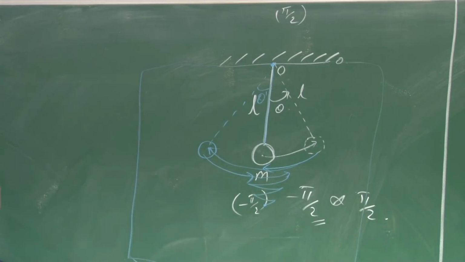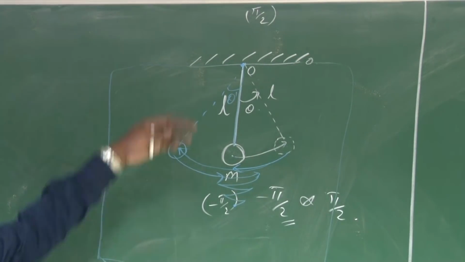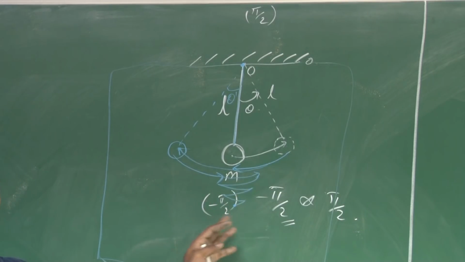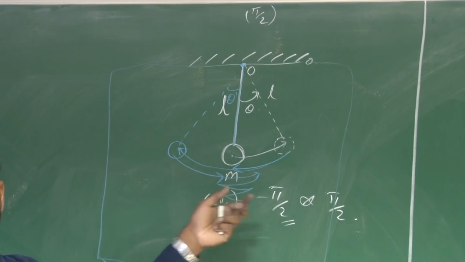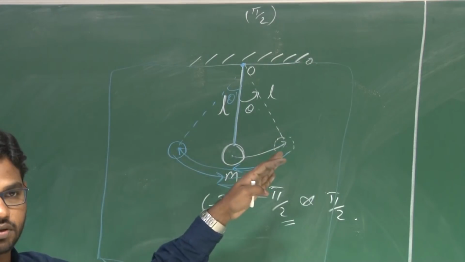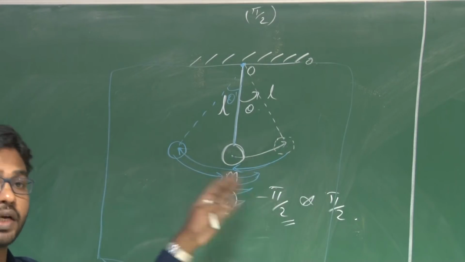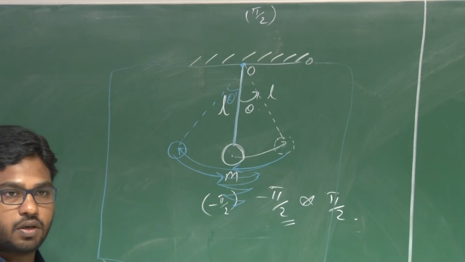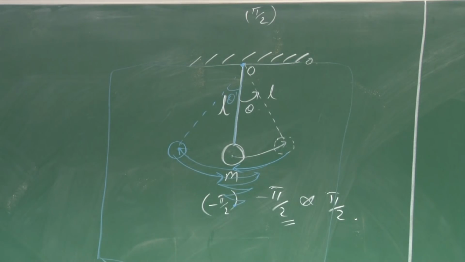Although the system tries to come back towards this equilibrium, you can't say the system is stable in that case. Why? Because it is ultimately not coming back to that equilibrium. It has a tendency to come back, but it is not attaining that equilibrium in this case. Even in that condition we can't say that the system is stable.